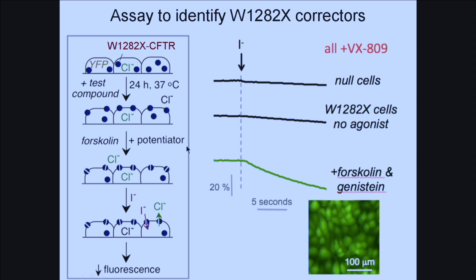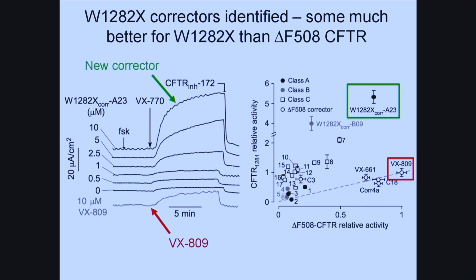So we took cells with a 1282X, and as we did before, we did a corrector assay by adding a test compound. We looked at 50,000 such compounds for a day, then adding a potentiator to amplify the signal and finding compounds. Now, the interesting thing that came out of this was that if this is the signal for Vertex 809, a maximum amount, we can find compounds that work substantially better than the Vertex 809.